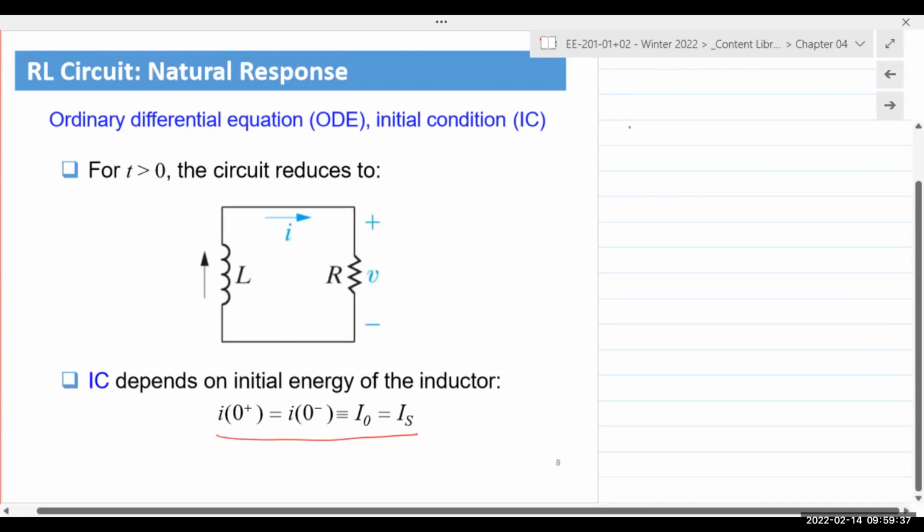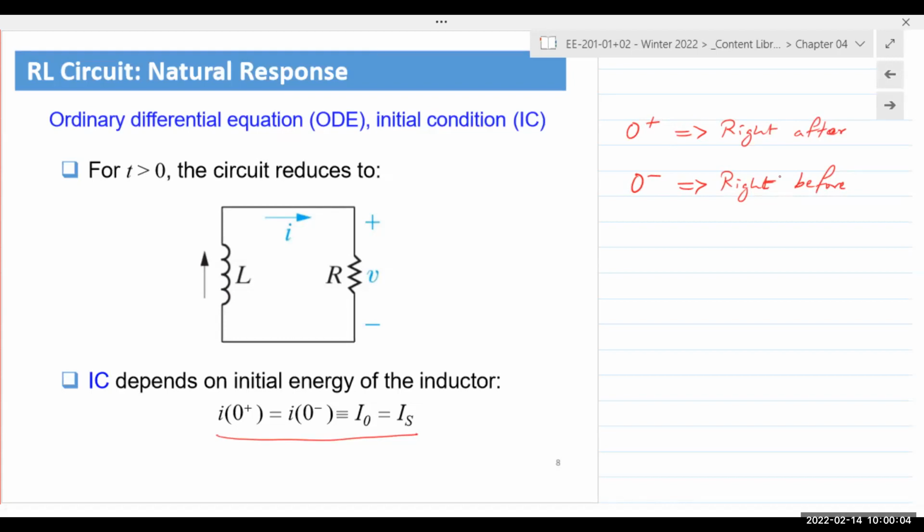I just want to talk about this concept right here. 0 plus and 0 minus. This simply means the time right after, and this is the time right before. So 0 plus and 0 minus simply indicate the time right after 0 and the time right before 0.